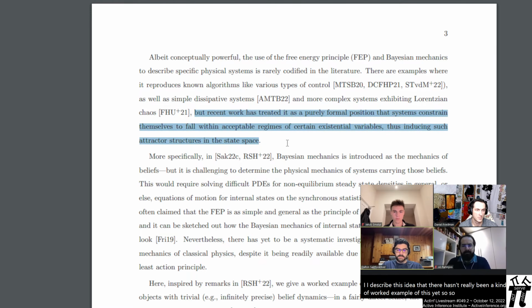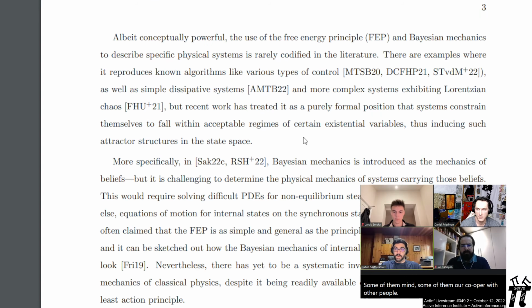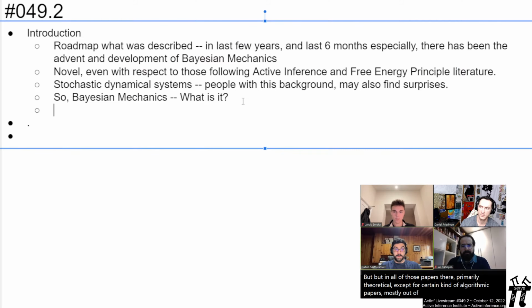Some of the theory has been worked out in previous papers, some of them mine, some co-authored with other people, some from Carl's group at the Wellcome Center at UCL. But in all of those papers, they're primarily theoretical, except for certain algorithmic papers, mostly out of the control theory literature.